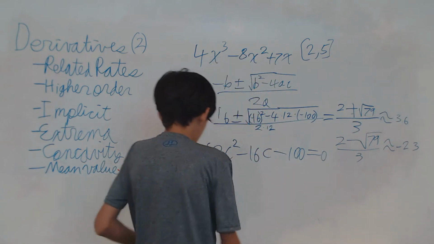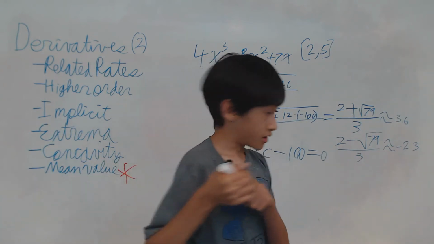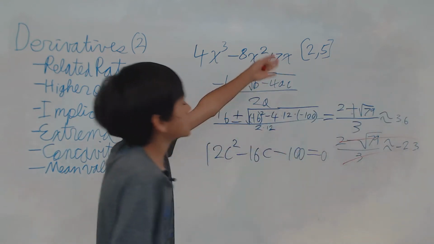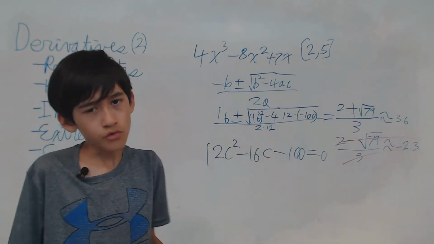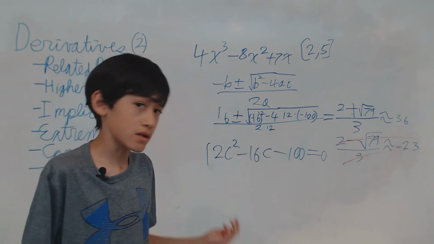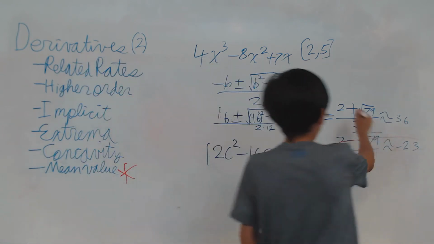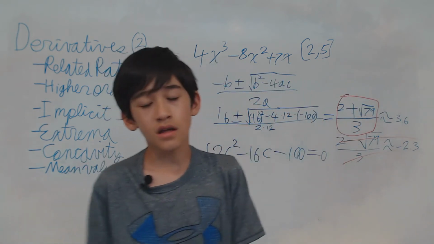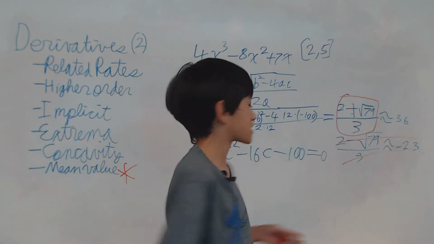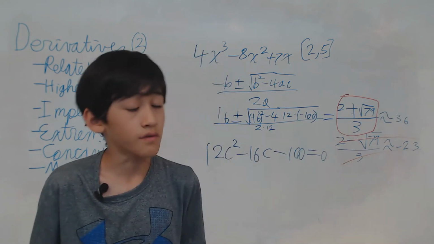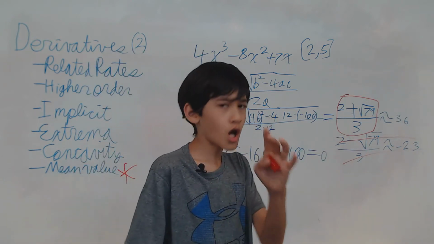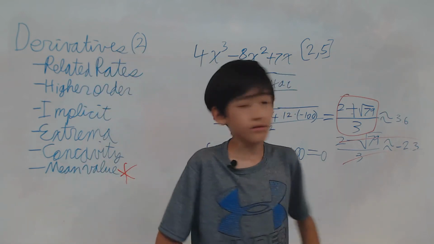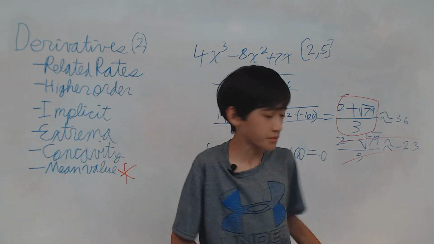The second one is definitely not in the range. It's negative. Do we have any negative values in the range? If you ask me, or if I ask you, we would both definitely say no. So this one is the only value of c that satisfies the equation: 2 plus the square root of 79 all over 3. Not the 2 minus the square root of 79 all over 3, because that's negative. The first one is positive 3.6.